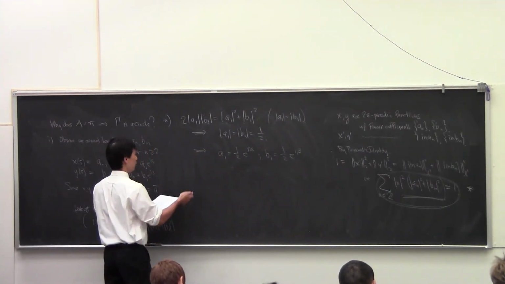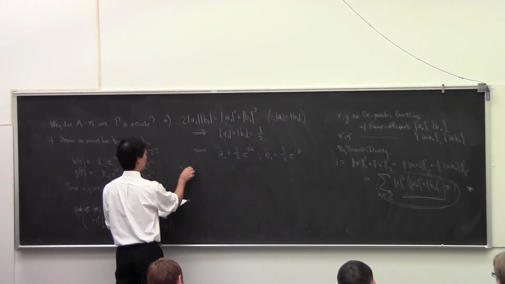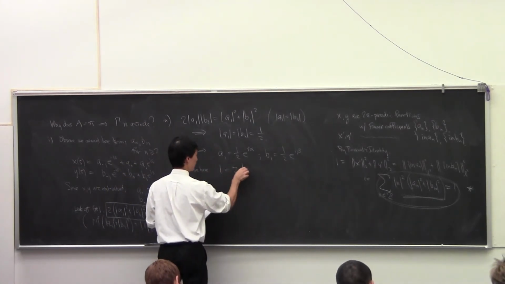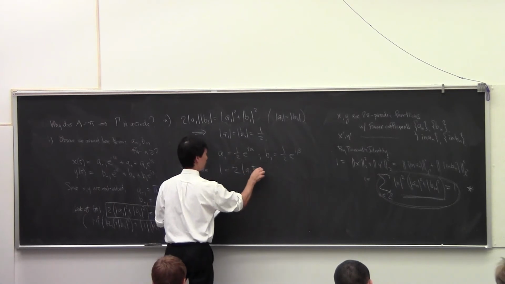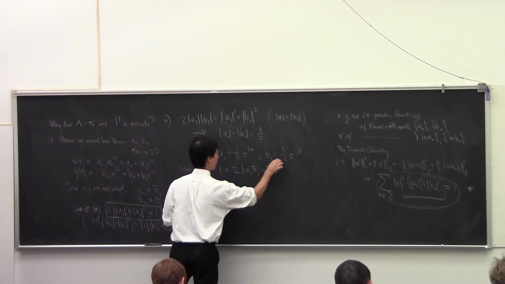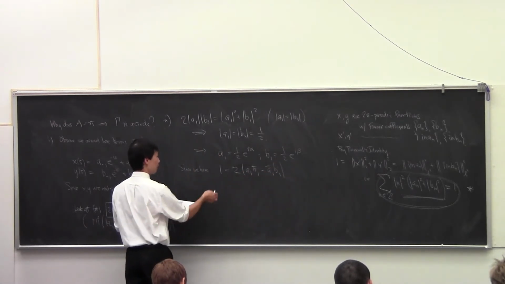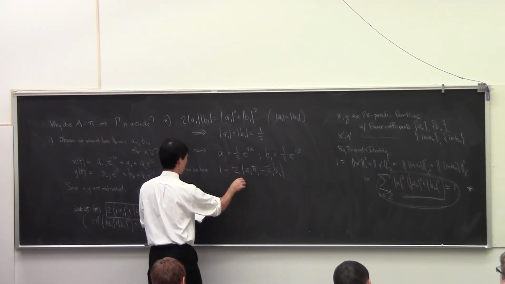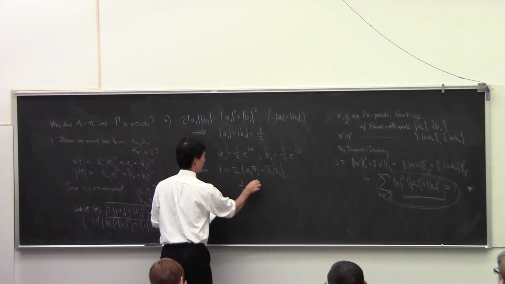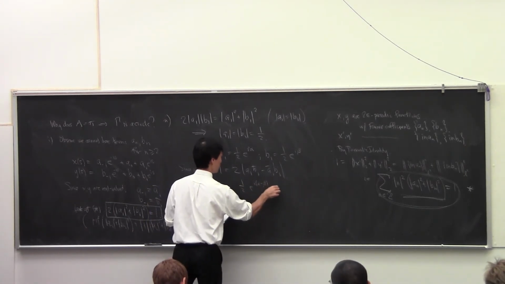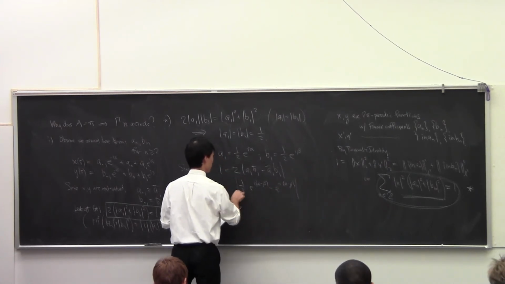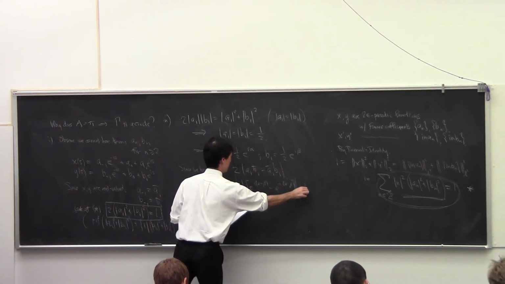And since we have 1 equals 2 times a_1 b_1 minus a_1 bar b_1 bar, this is the same thing in this notation as saying that 1/2 times e^{i(alpha minus beta)} minus e^{-i(alpha minus beta)} equals 1.